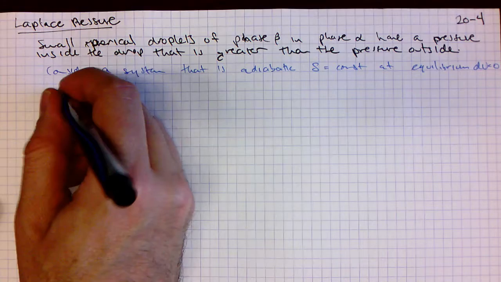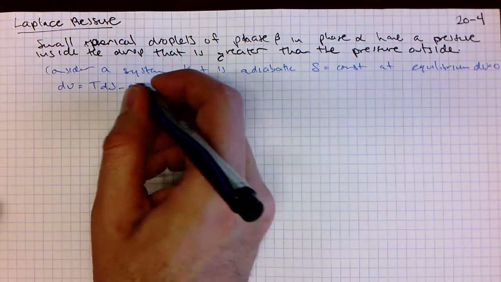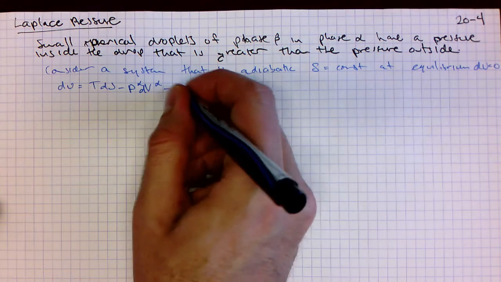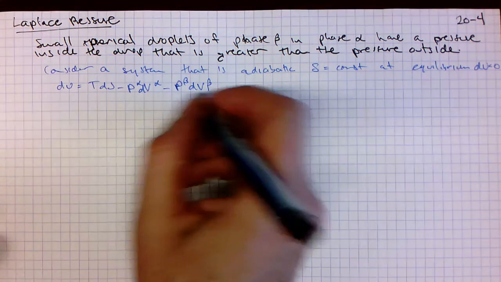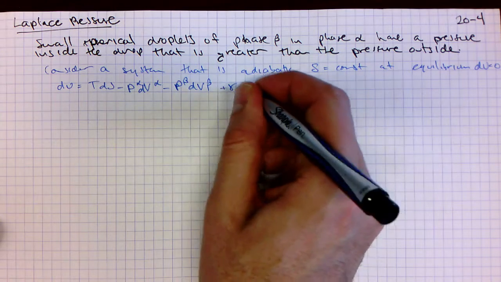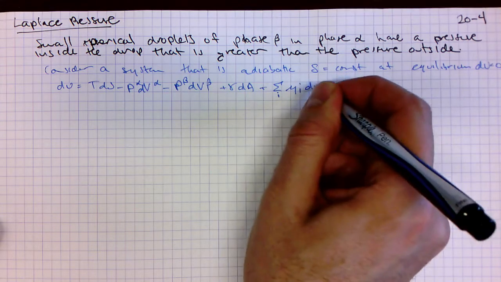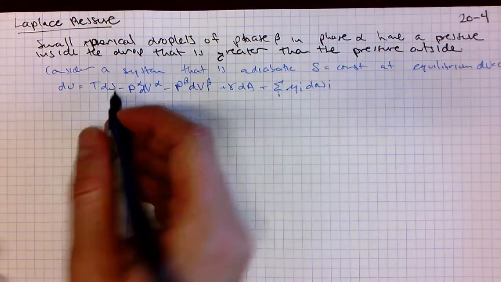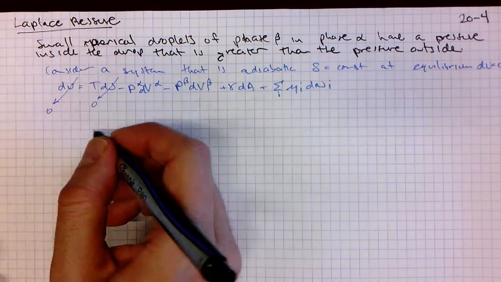In that case, we have dU is equal to T dS minus P alpha dV alpha minus P beta dV beta. Here I'm dividing the phase into two pure phases, right? Plus gamma dA plus sum over i mu i dn i. Okay, so at constant S, this is 0. In equilibrium, this is 0.